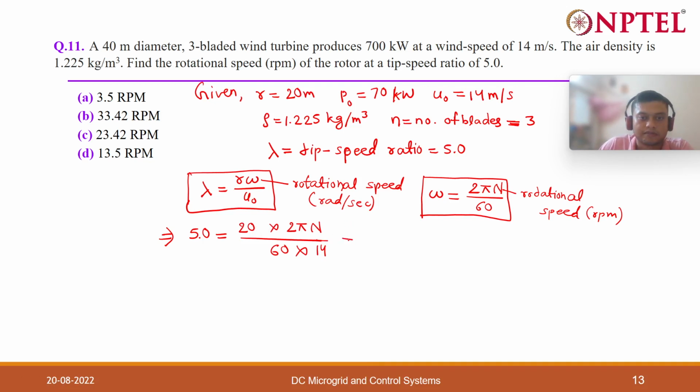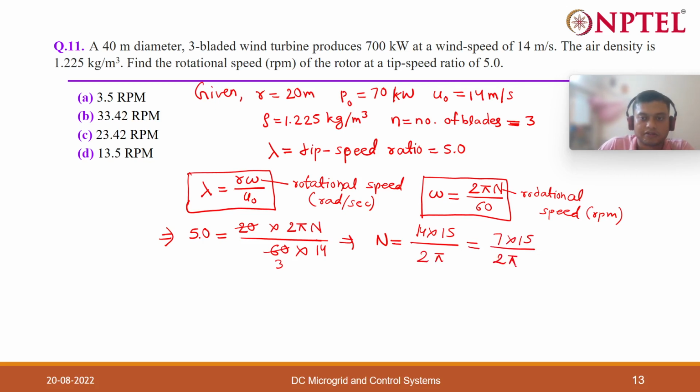So you will get N as, if you cut this, 3, 20 threes are 60, then you get N as 14 into 15 divided by 2 pi. So this comes out to be 7 into 15 divided by 2 pi.